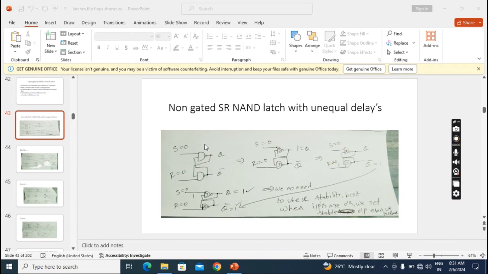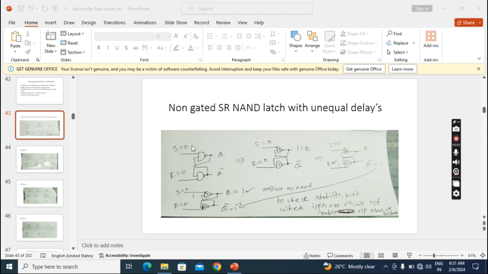Let us discuss the first condition. When we apply 0 0, what happens? With equal delays or without delays, when I apply 0 0, I check the output of both gates at a time. But with unequal delays, we should not check like that.